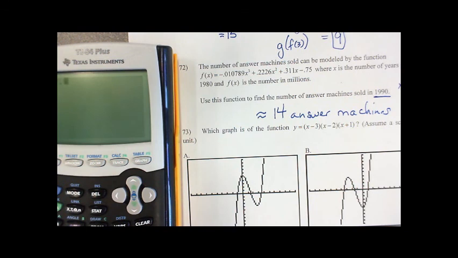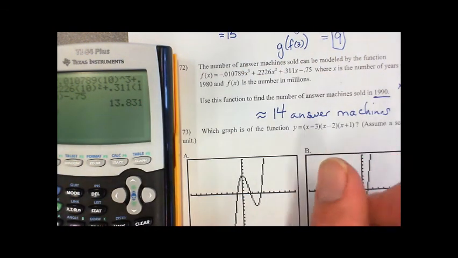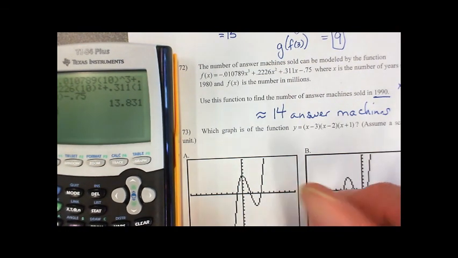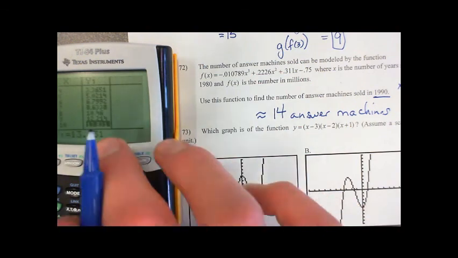You could have done negative 0.010789 parentheses 10 to the power of 3 plus 0.2226 open parentheses 10 close parentheses squared plus 0.311 times 10 minus 0.75, hit enter, and there's the 13.831, which is the same thing we had when we looked at the table.